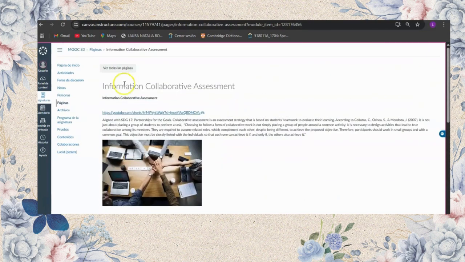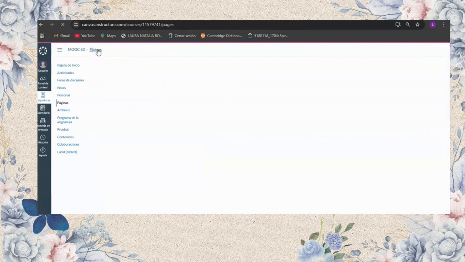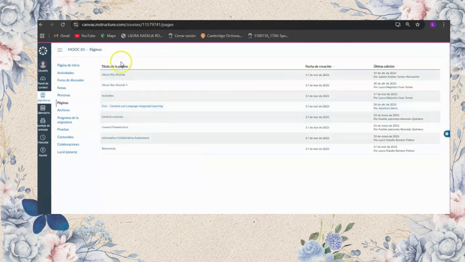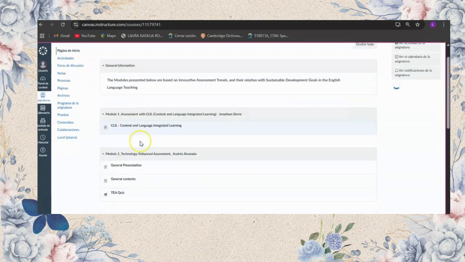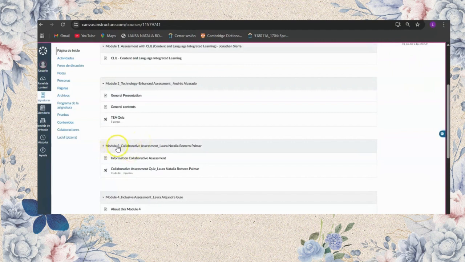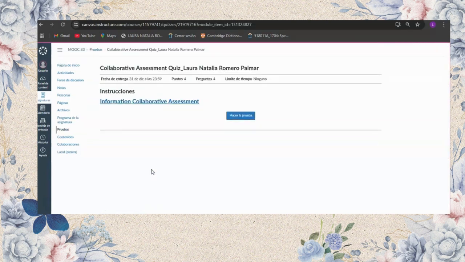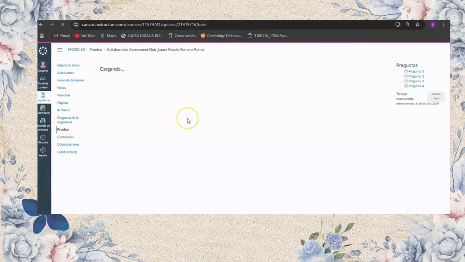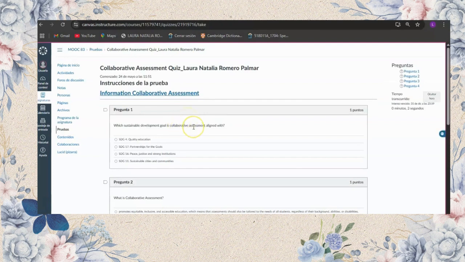Now, in the same module 3 we can find the collaborative assessment quiz. This quiz is about the information on the page.